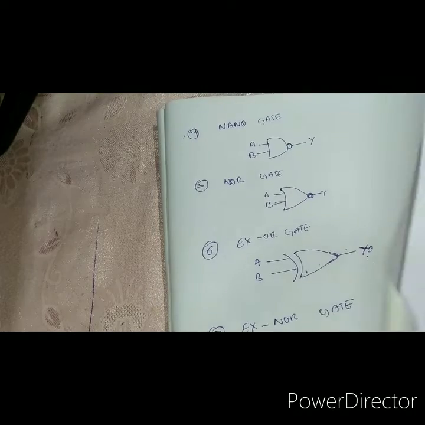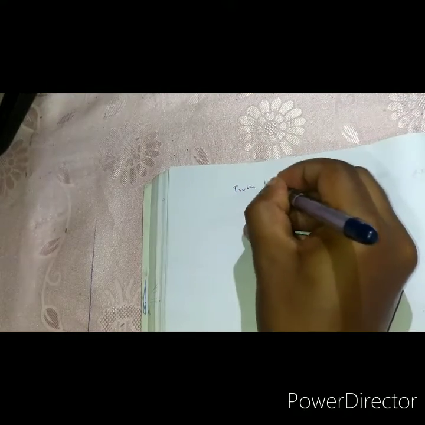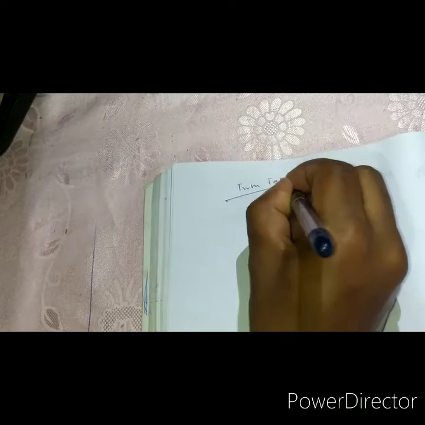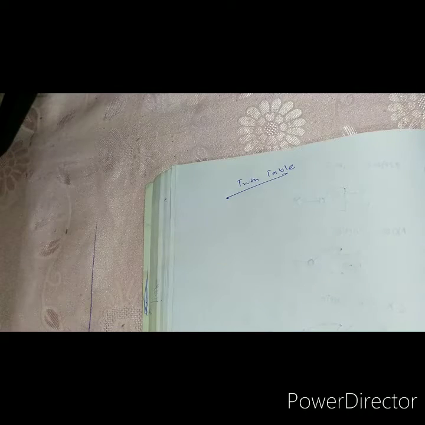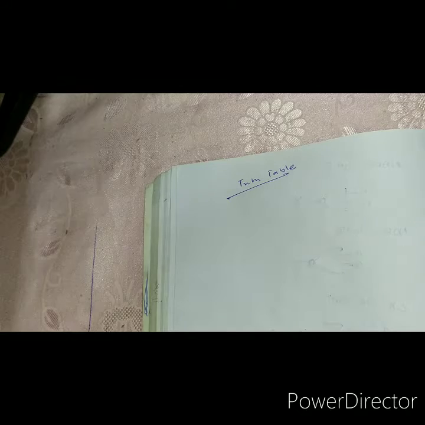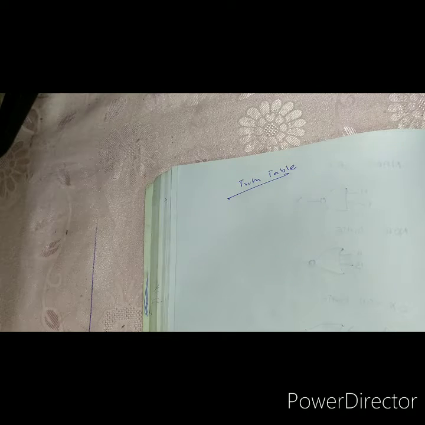Now let us move to the truth table for all the gates. We know that a truth table provides the input and output relation.